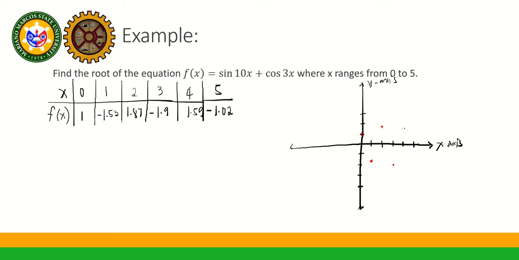So, say nandito siya. Nandito yung point natin. And for x is equal to 5, that is negative 1.02. So, for example, nandito siya. And we graph this one. Lagyan natin ng curve. Ayan. Oh my goodness, sorry.